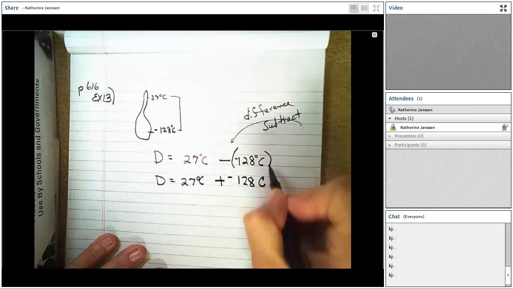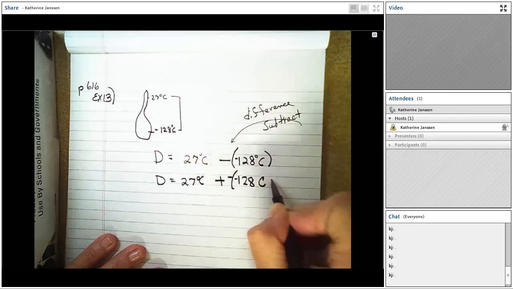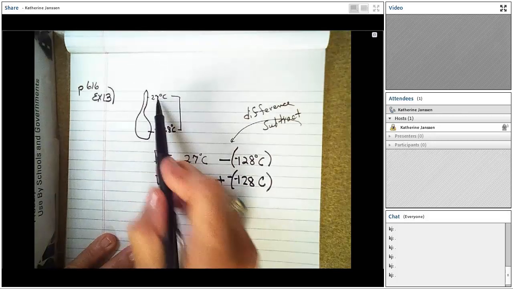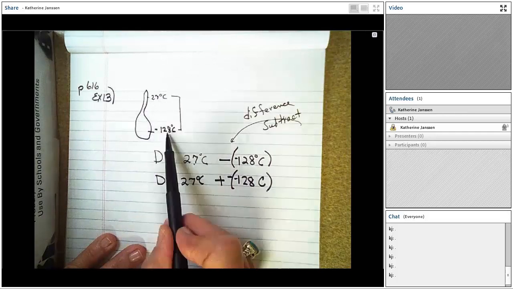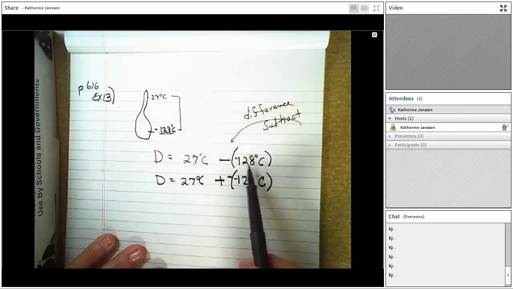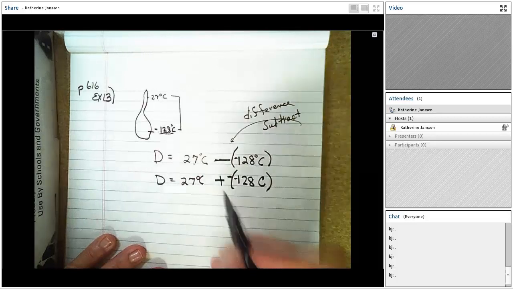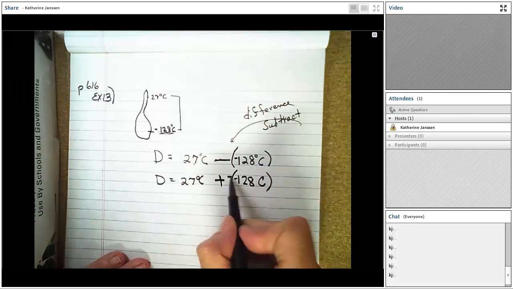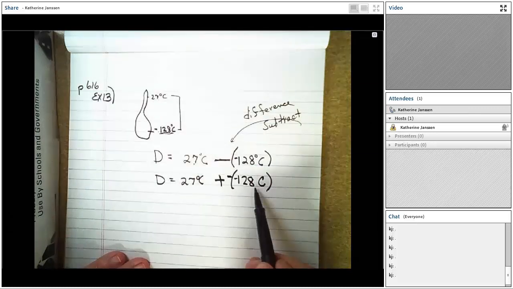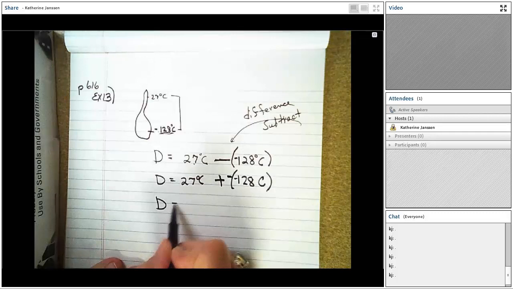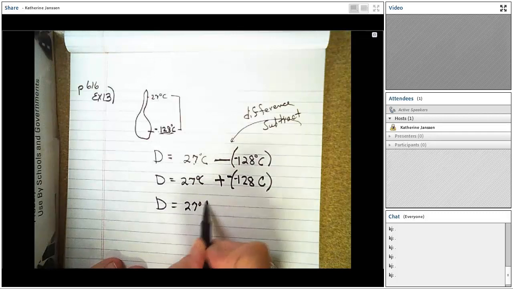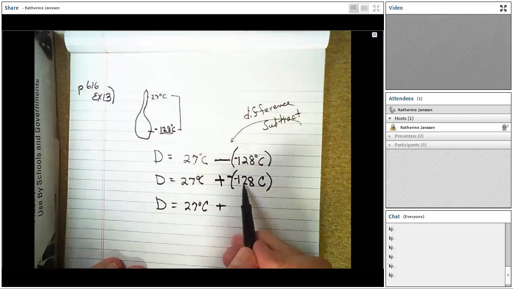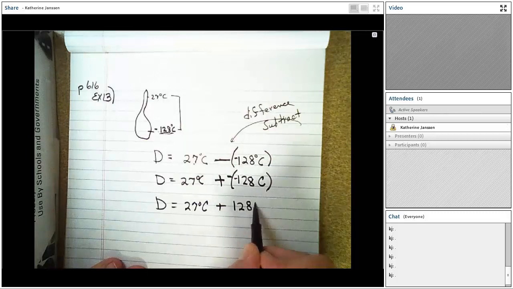I'm subtracting a negative. Sorry about that. I'm finding the difference. So I have 27 degrees Celsius, and I want to find the difference from negative 128. I'm going to change the sign of subtraction to addition and add the opposite. The opposite of a negative 128 would be a positive 128.